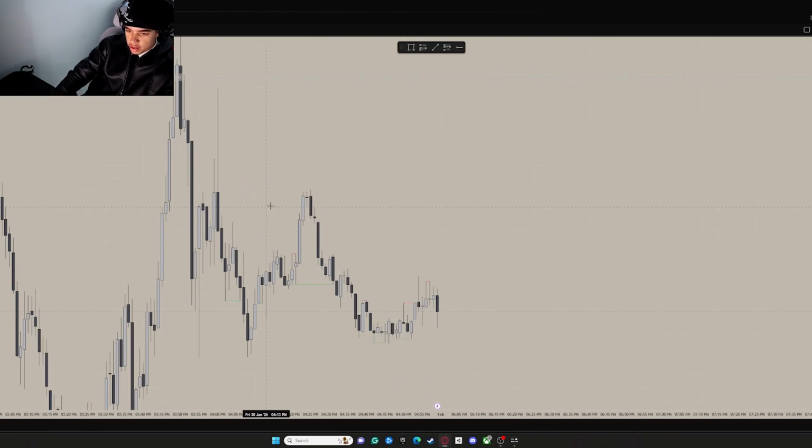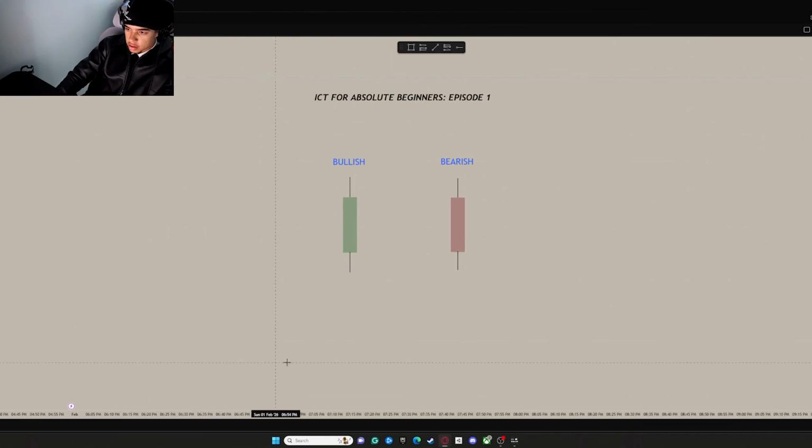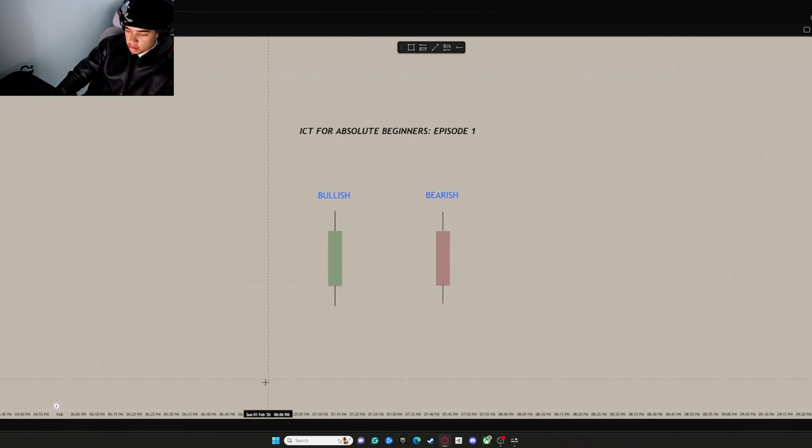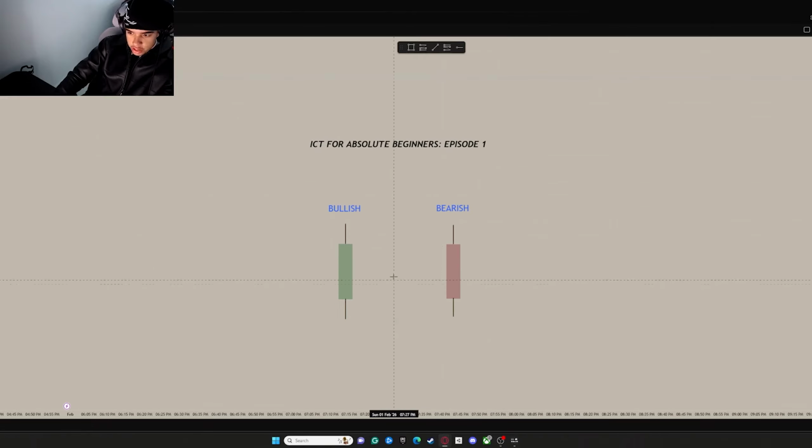Okay, there's candlesticks, right? My candlesticks are different, but yours will be green, and then there will be a red one. Green usually means it's going up. Red means it's going down. Or in general, green means good, red means bad, like when we're taking a test.